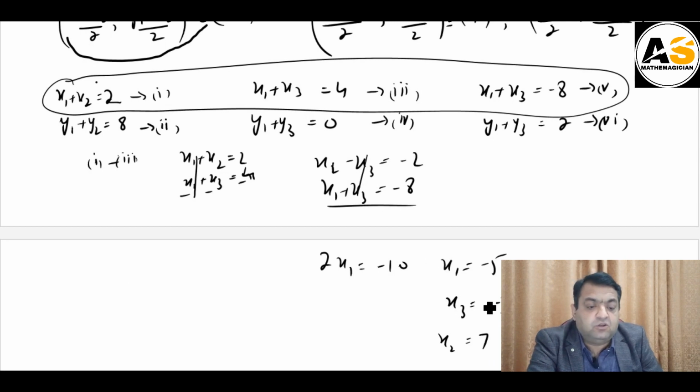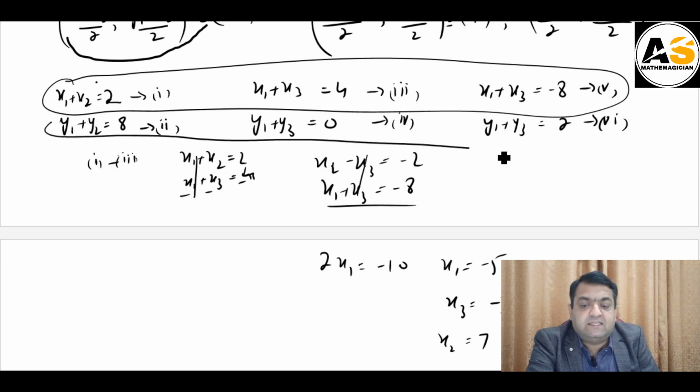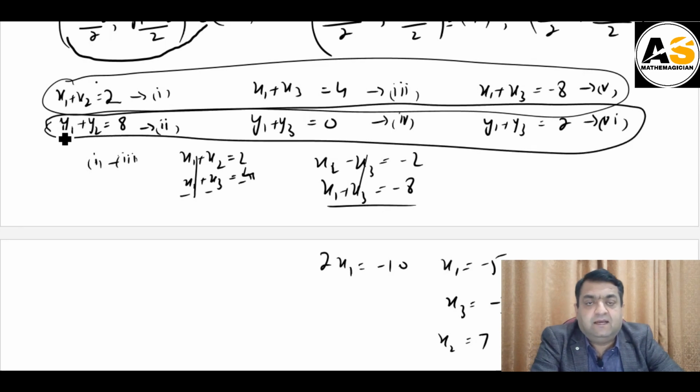So I have got values of x1, x2 and x3. By solving the y equations simultaneously, I will get values of y1, y2 and y3. And with the help of the formula for midpoints, we have found the vertices of a triangle whose midpoints of all three sides are given.